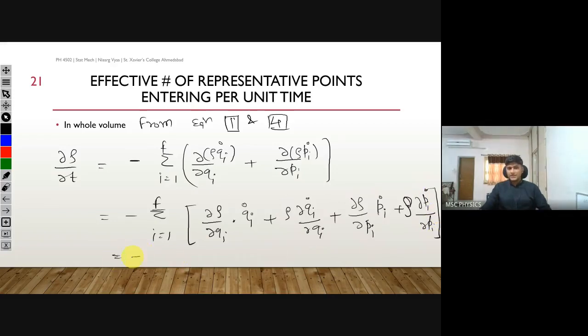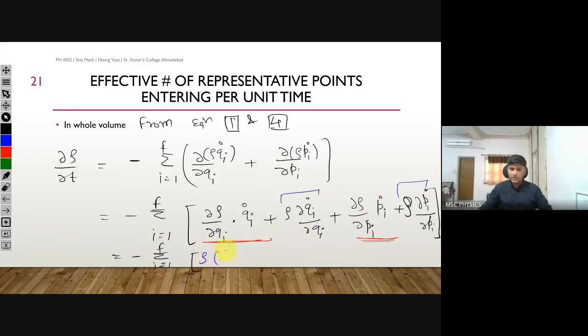So you can write this as minus of sum over i equal to 1 to f. Just taking these two similar terms, Qi dot del rho by del Qi and del rho by del Pi together, and these two guys, the blue ones, together. I can take out rho common from these two guys.